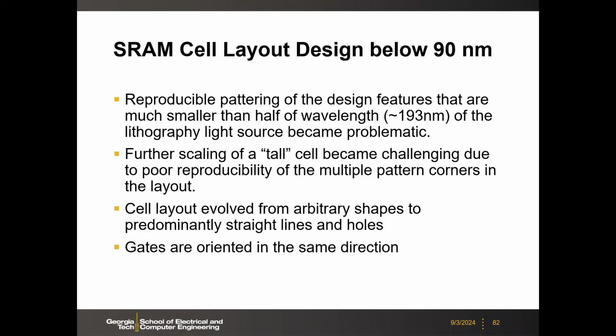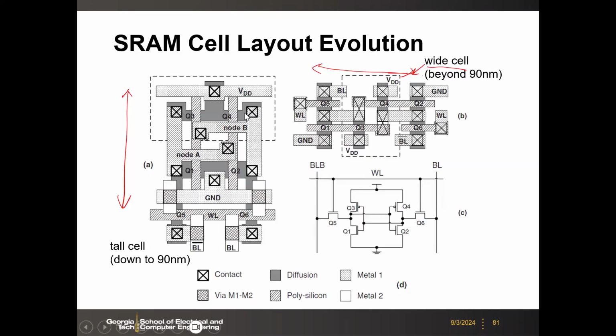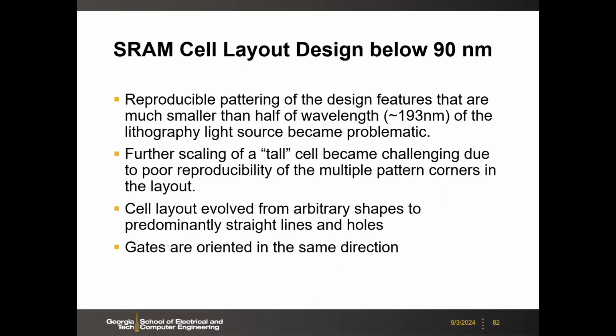Then that will help with the lithography. So all the gates should be oriented in the same direction. All the channel, source and drain should be either horizontal, or if vertical, all vertical. So previously here you may have vertical and horizontal channel. So that is not good. Okay. So you want a simplified pattern for lithography.